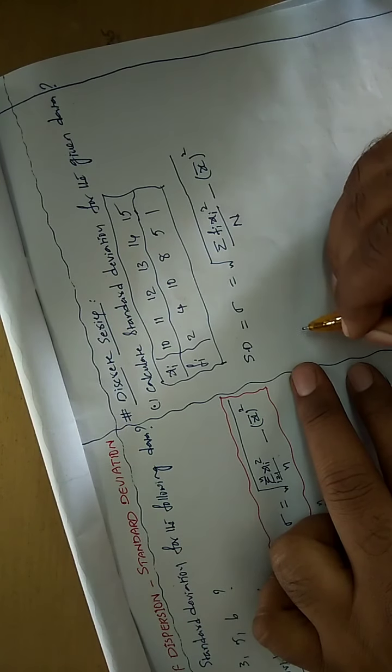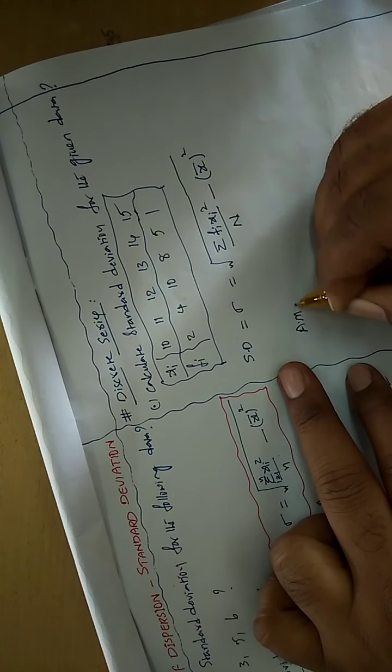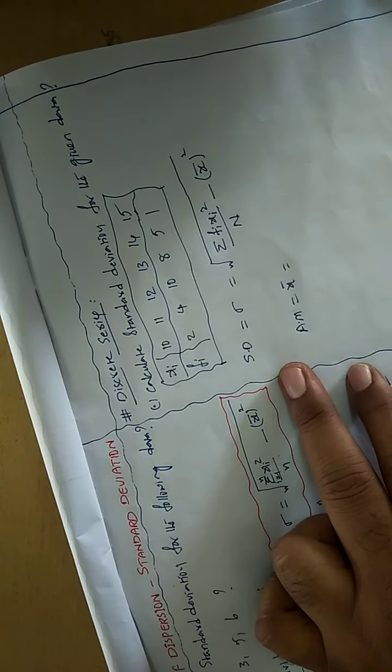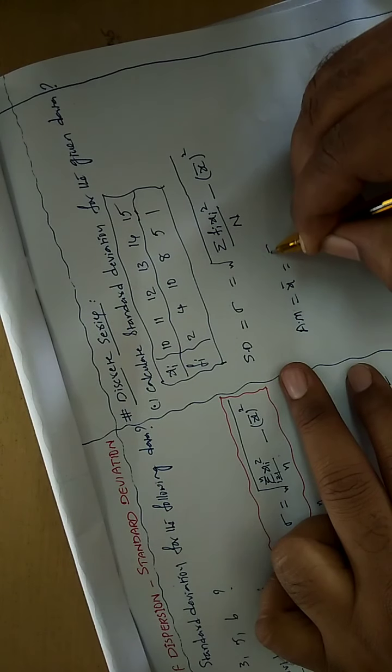You know very well the mean formula, that is AM, arithmetic mean x bar. Whenever the frequency value is there, what is the formula going to be?